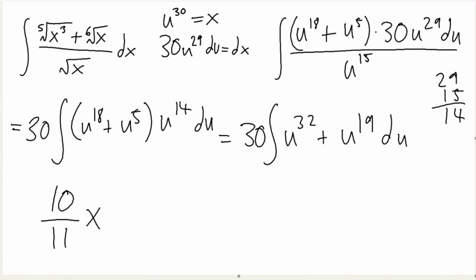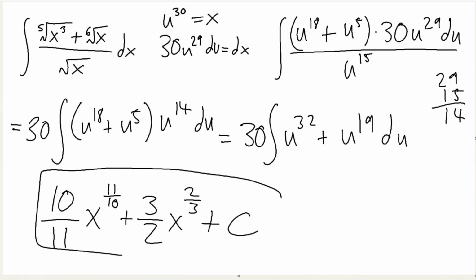It's the reciprocal of our coefficient. Okay. And then we have 20, 3 halves, x to the 2/3. It's a reciprocal. Okay. And that's our answer.